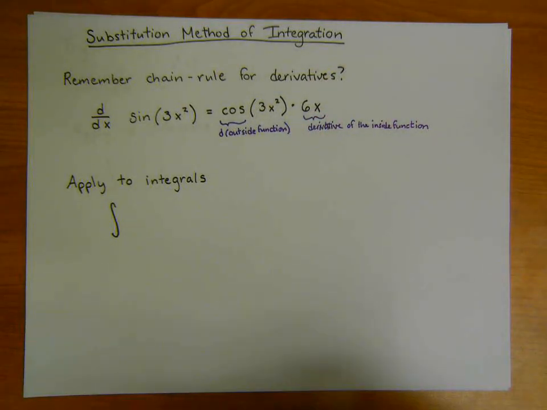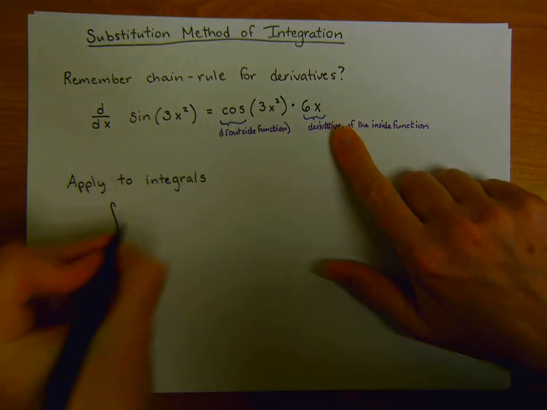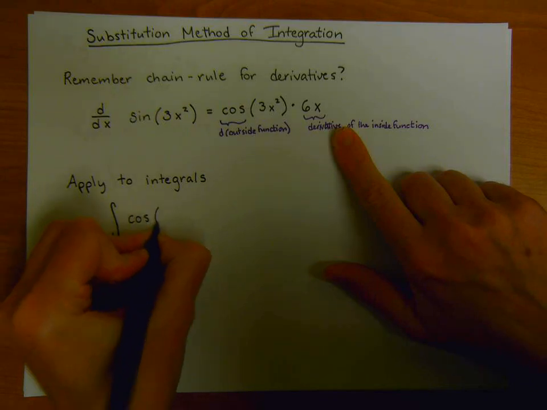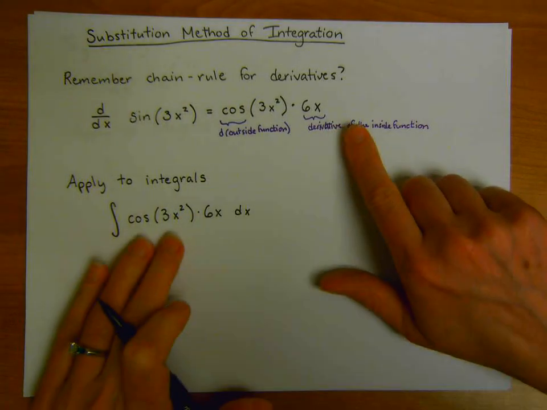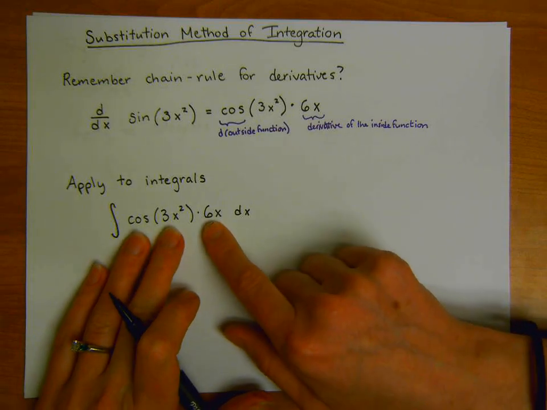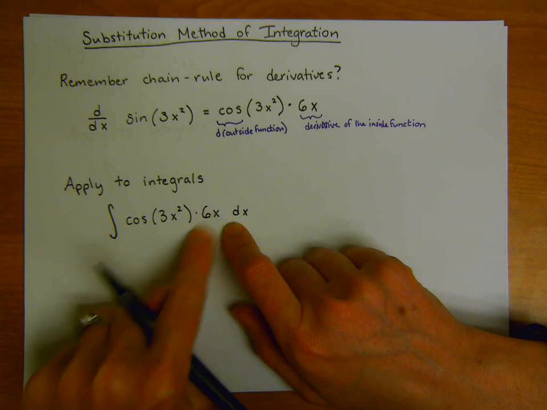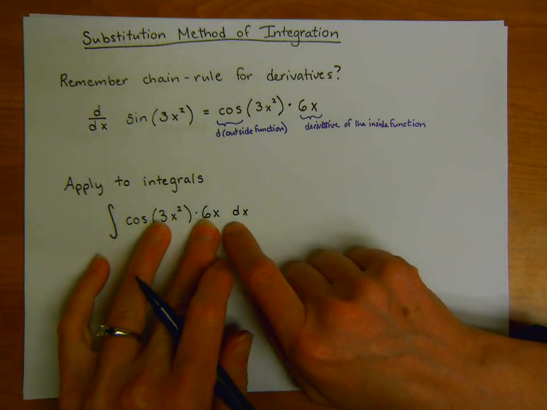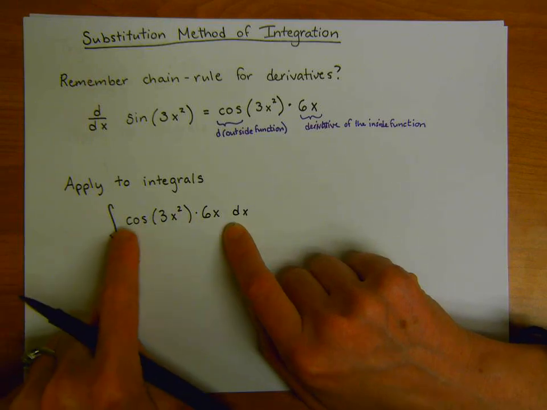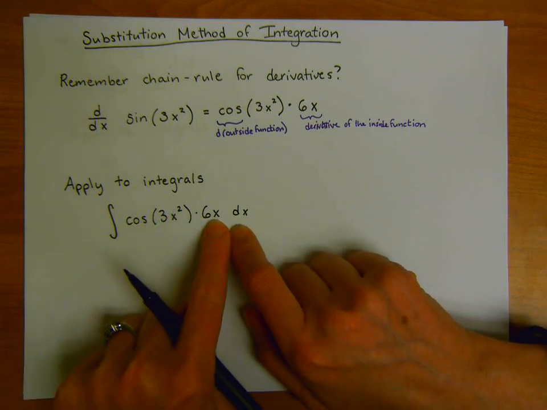So applying that to integrals, if we're going to integrate the cosine of 3x squared times x, this looks like something really messy, right? I have a product and I also have a composition of functions. But this product is exactly the product that we would need to say, aha, I know what the antiderivative of the cosine of 3x squared times 6x is.